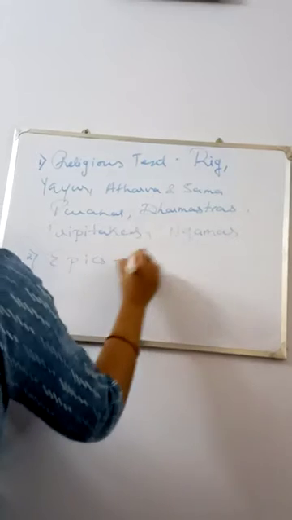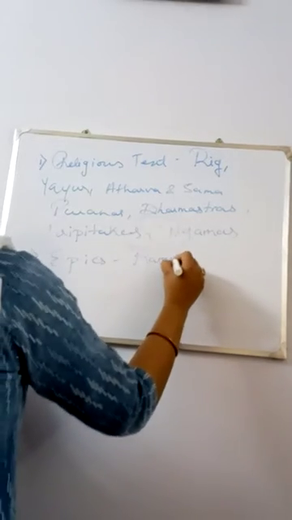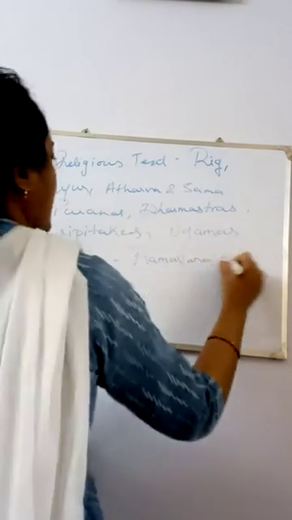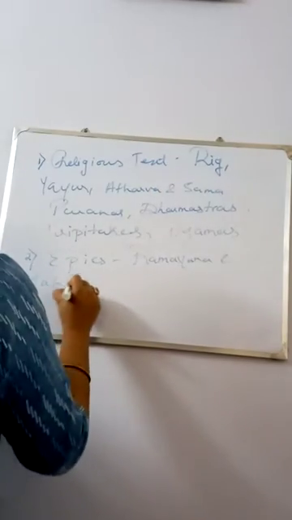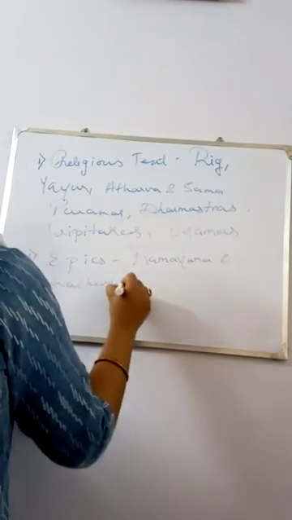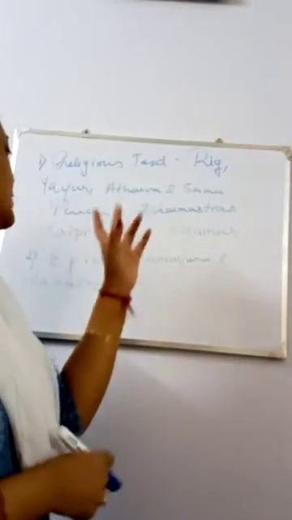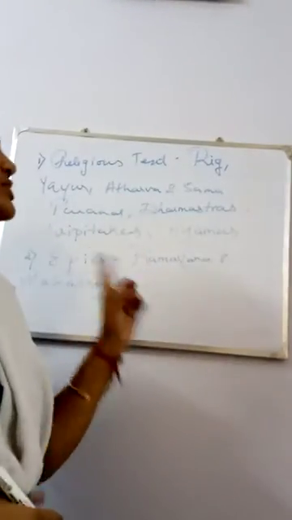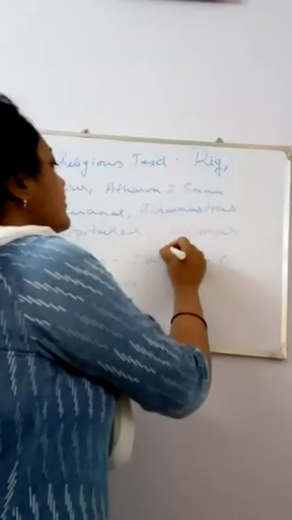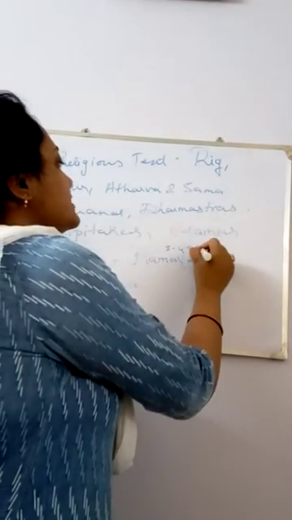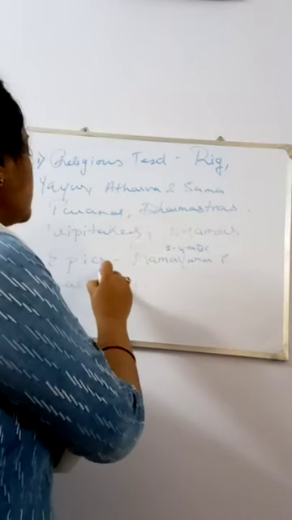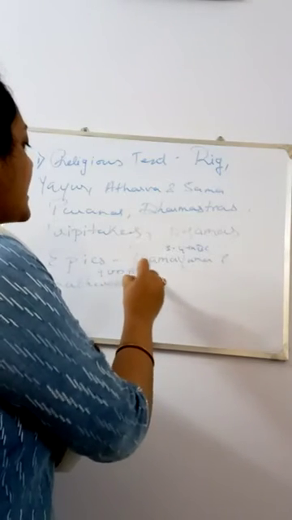Next, after religious texts, we get to know about epics. The two most important epics are the Ramayana and Mahabharata. The Ramayana was composed from the 5th to 4th century BC, whereas the Mahabharata was composed around 400 AD.